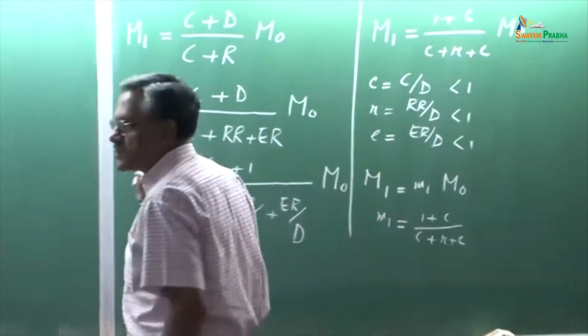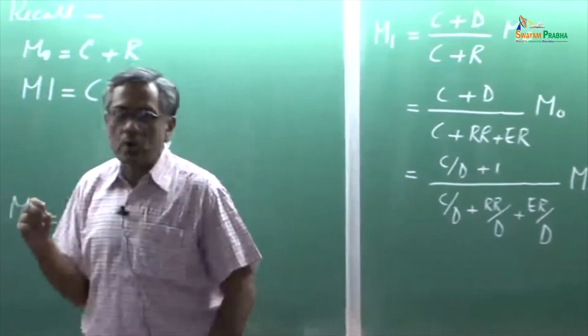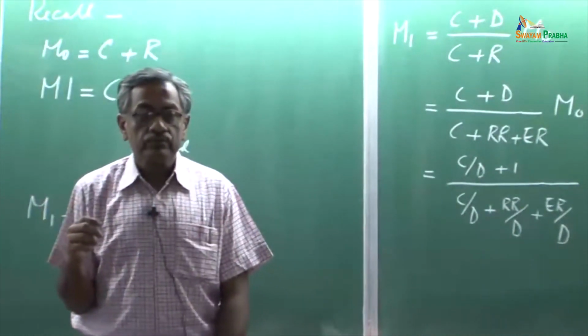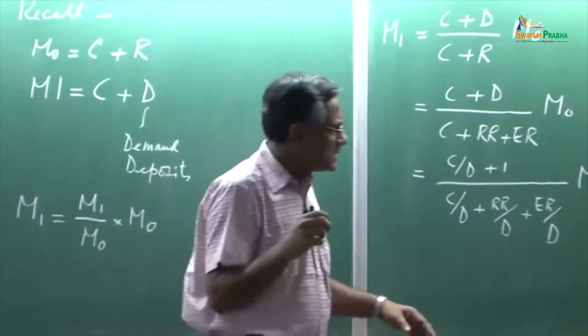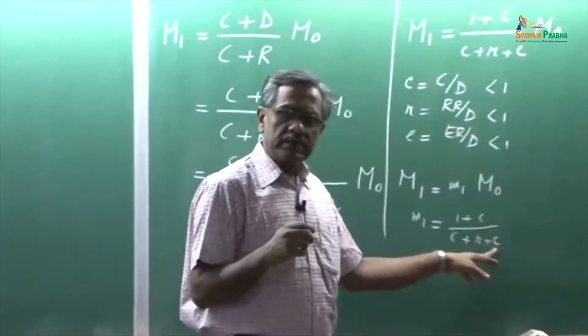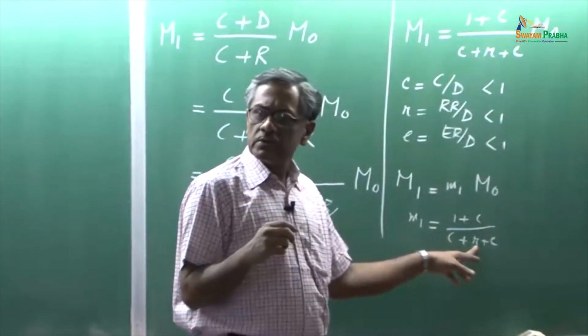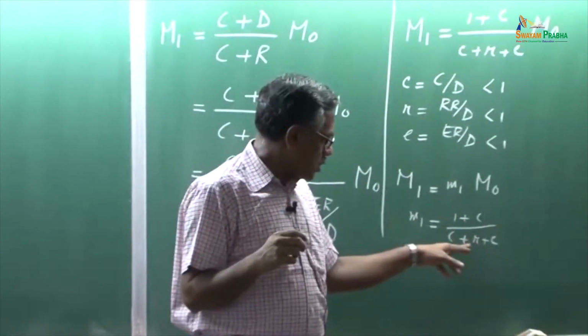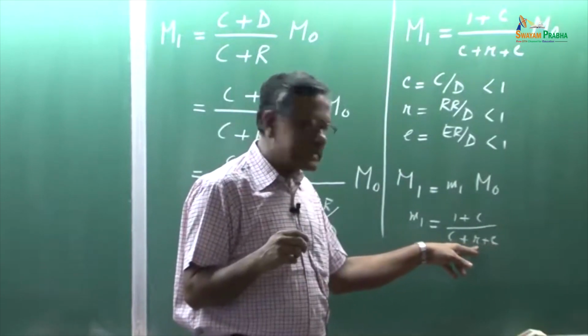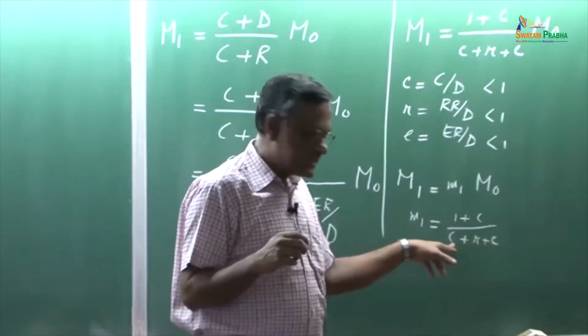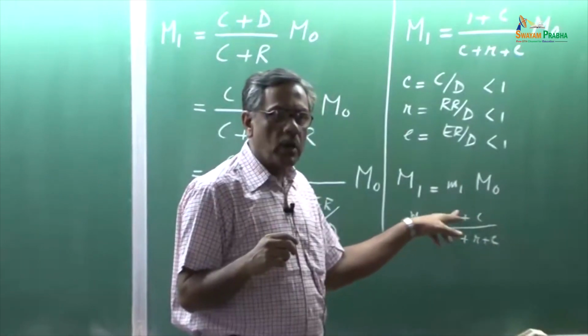Now, the question is, is small m1 greater than 1 or less than 1? Typically, this number is very small, about 7-8%. All right. So, it depends upon these two numbers being less than 1, and c is common with 1 plus c.